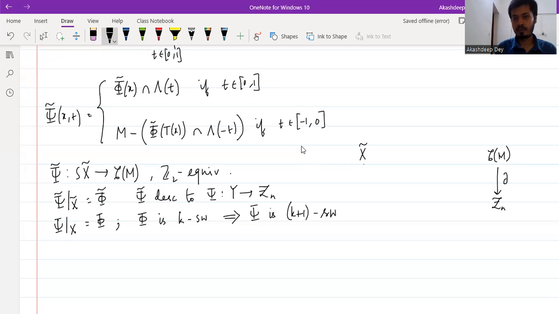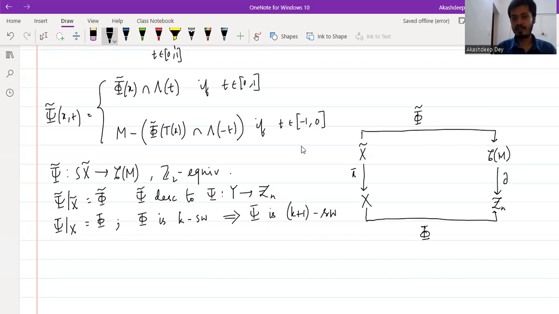And then we constructed a double cover x tilde of x. We started with this map phi from x to Zn, and phi tilde is a lift of phi.